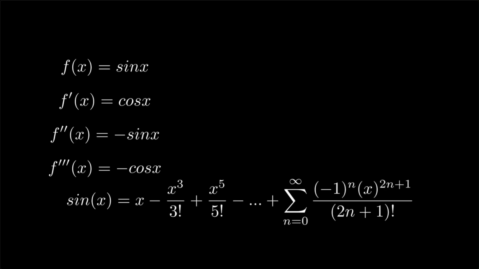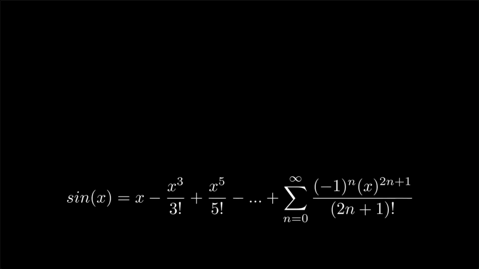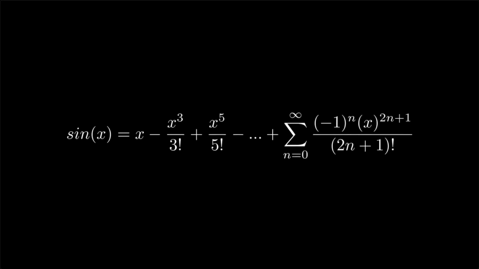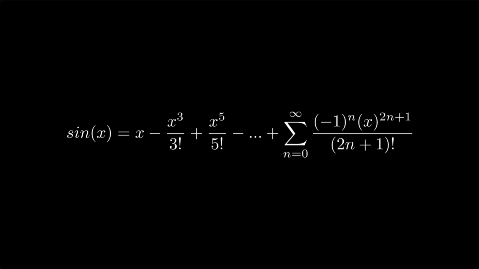But when we simplify that, we see that sine of x gives us this polynomial, right? And we can see that our general term is the sum from n is equal to 0 to infinity of negative 1 to the n multiplied by x to the 2n plus 1 over 2n plus 1 factorial. Looks familiar, doesn't it?